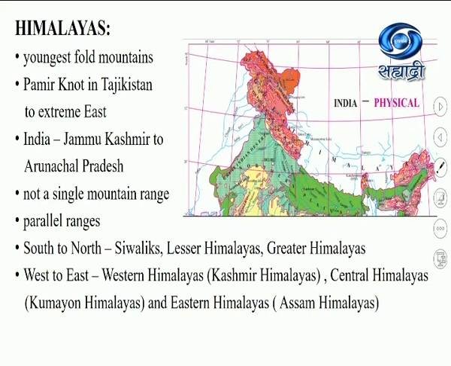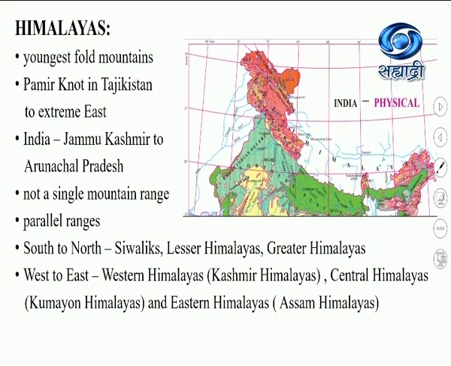The Himalayan range starts from the Pamir Knot in Kazakhstan and extends up to the extreme eastern tip of the Indian subcontinent. In India, the Himalayas start from Jammu and Kashmir to Arunachal Pradesh.